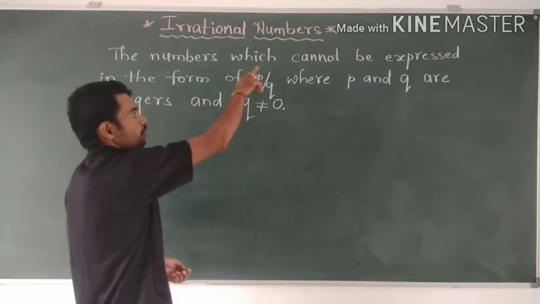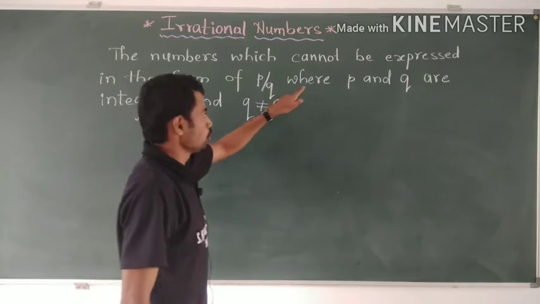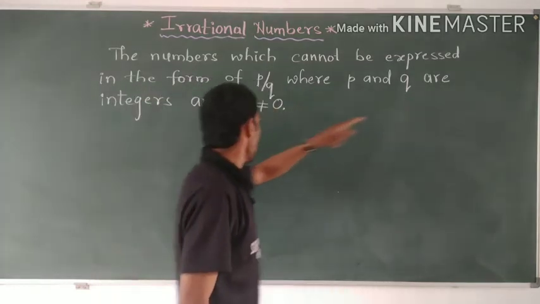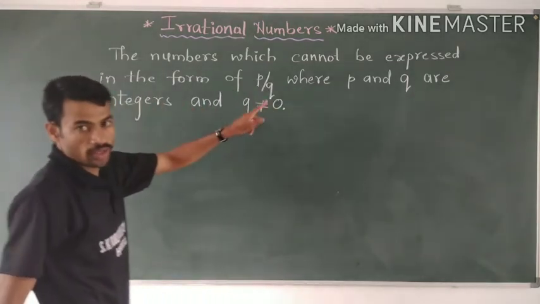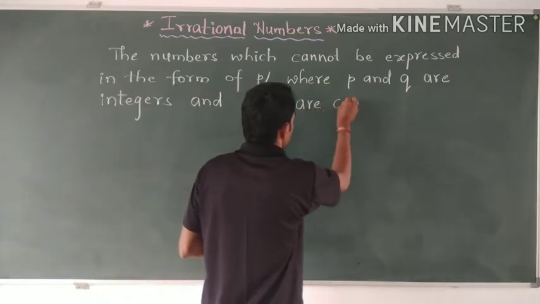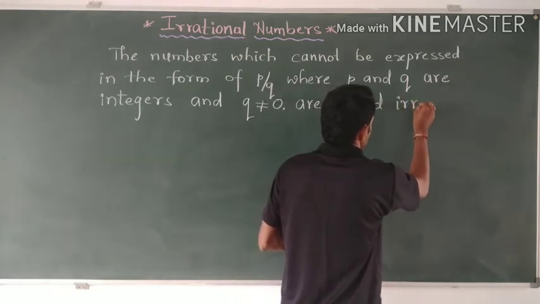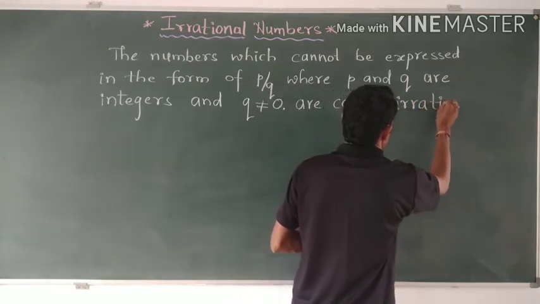The numbers which cannot be expressed in the form p by q, where p and q are integers and q is not equal to 0, are called irrational numbers.